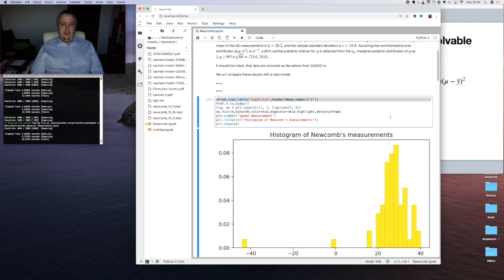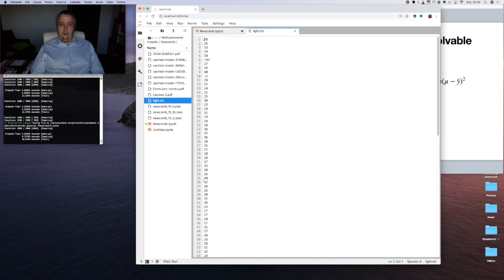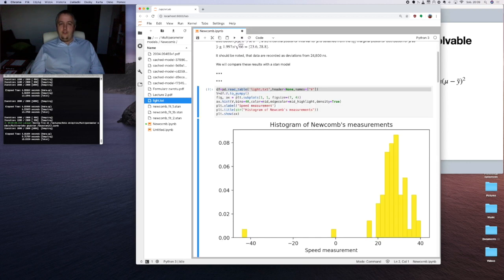You won't have the cached models as before, so you'll have to compile yourself to see how it works. What we are doing here is just reading the table, which is in a text file. This text file is, as you can see, unformatted, just numbers, positive and negative integers.